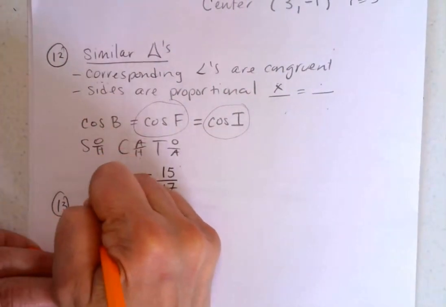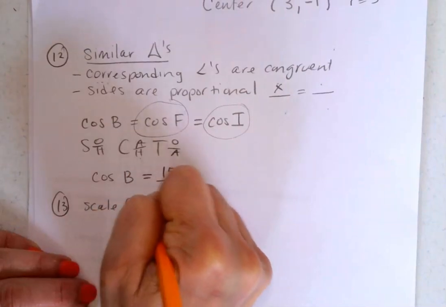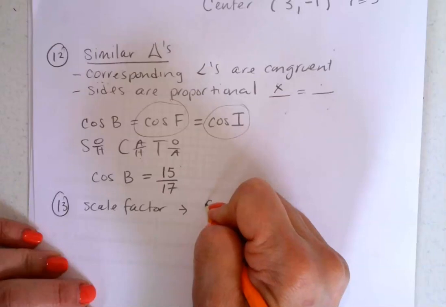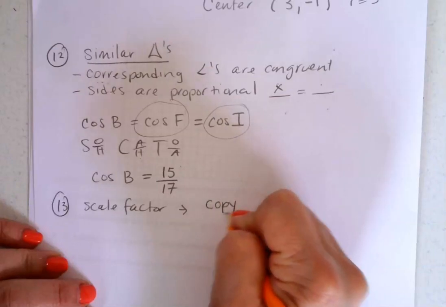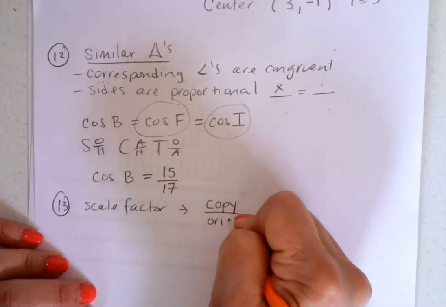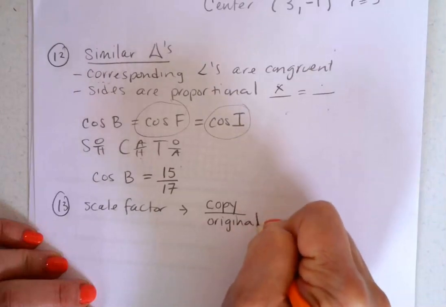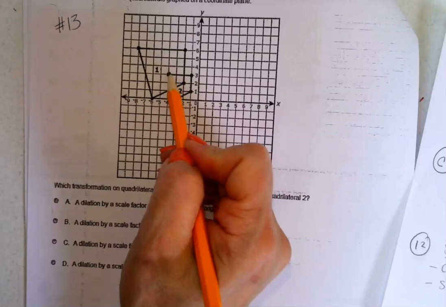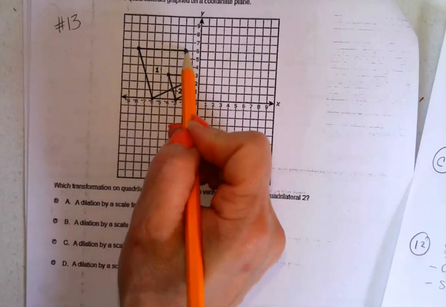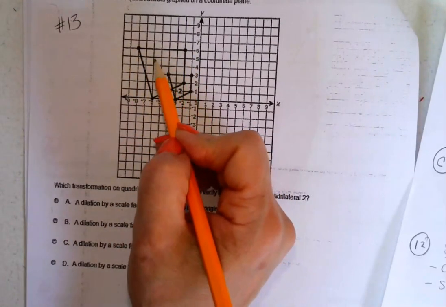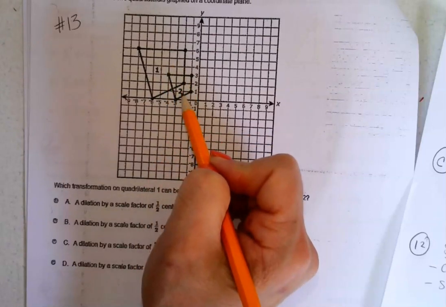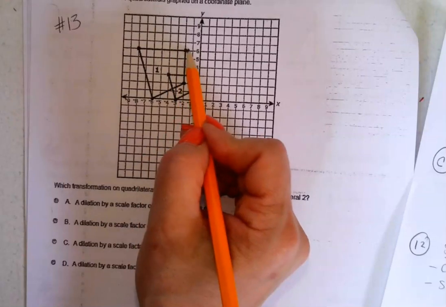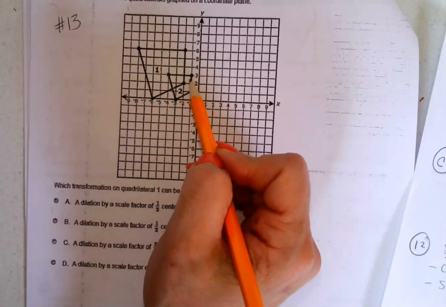So we said the scale factor, one way to find it is we can choose a side and we can divide the copy by the original. So here we can easily pick these horizontal sides. So remember, we go from 1 to 2. So it's getting smaller. We start off at 6 and we go to 3.